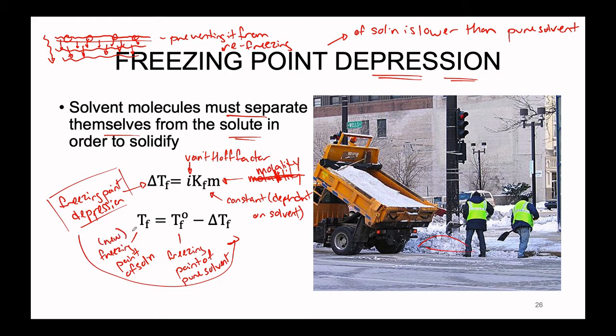So we can already gauge the larger the concentration, the greater your freezing point depression, the lower your new freezing point is going to be. Similarly, the more particles your solute breaks into according to the Van 't Hoff factor, the greater the freezing point depression and the lower the new freezing point is going to be.